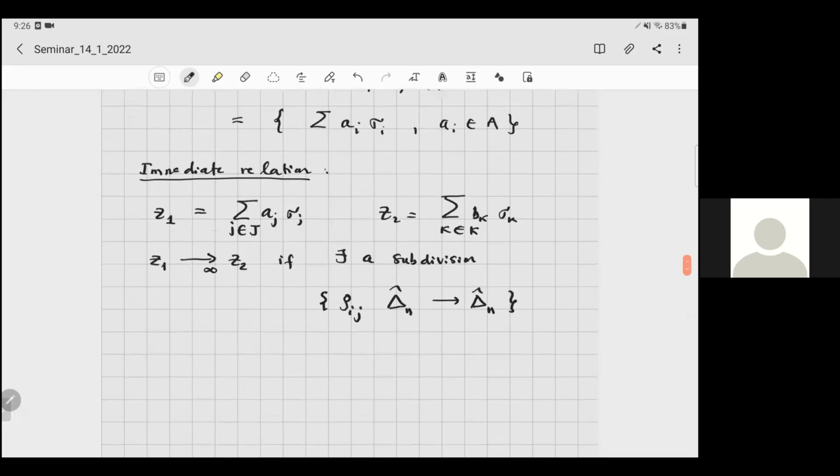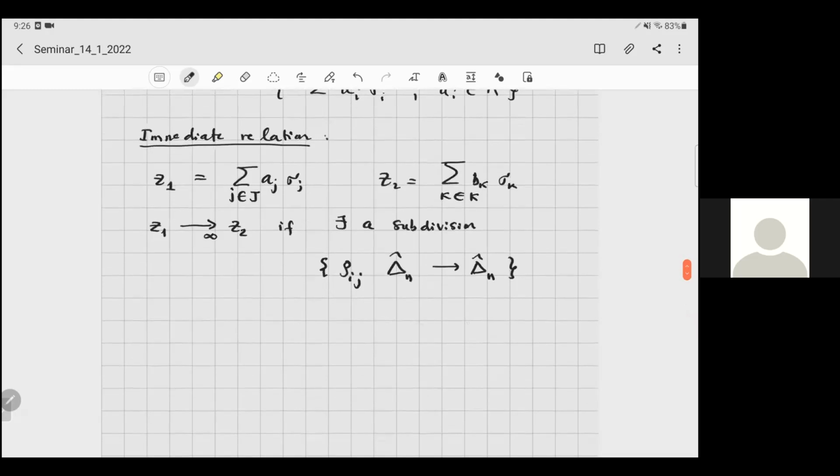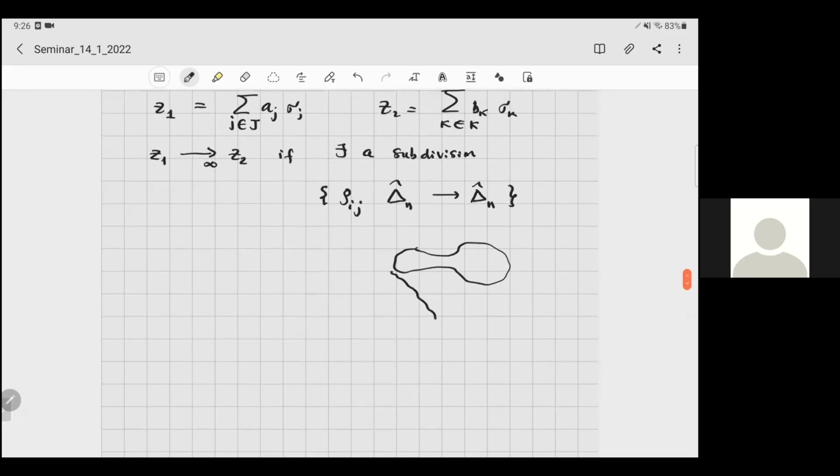What is a subdivision? So here we have an x. This is x, and this is delta n hat. Okay, so here we have delta sigma_j. A subdivision means we have to triangulate the delta n.